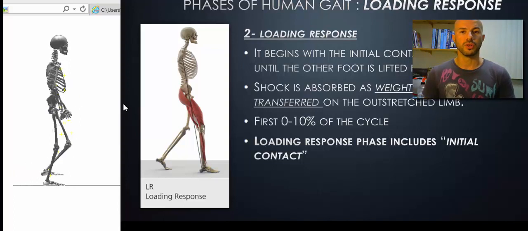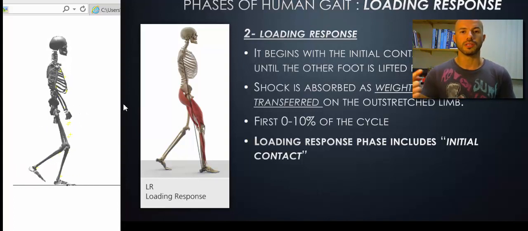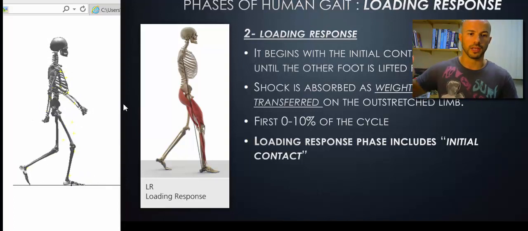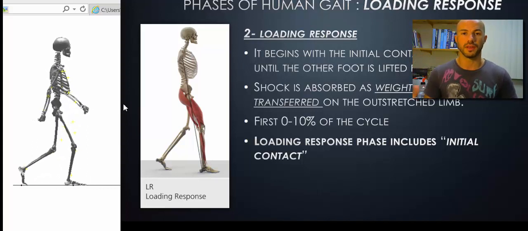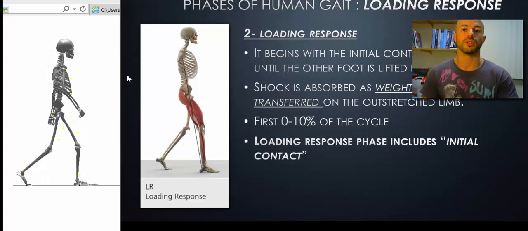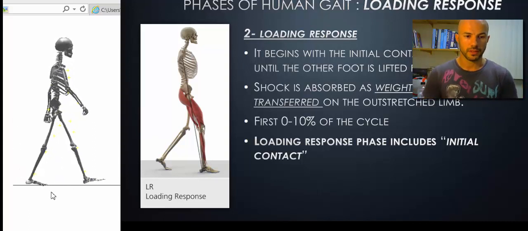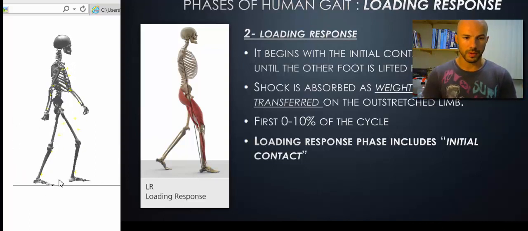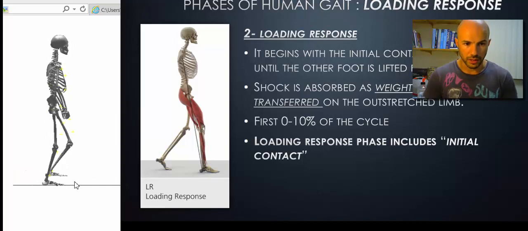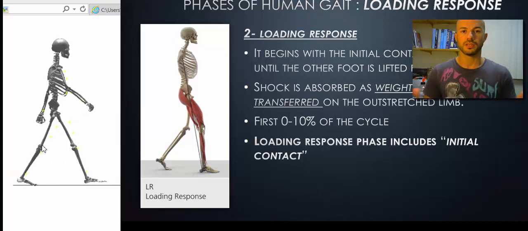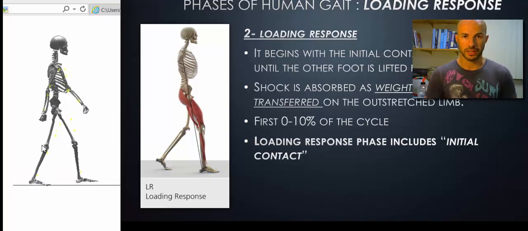When we analyze the human gait, don't forget that we always analyze just one foot, one limb. So it's actually 16 phases happening, but for each leg there are 8 separate phases. So initial contact, loading response, check the other foot, initial contact, loading response, finished. It's just the first 10% of the walking gait.